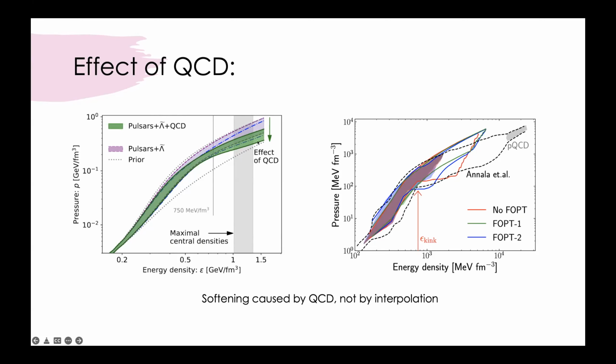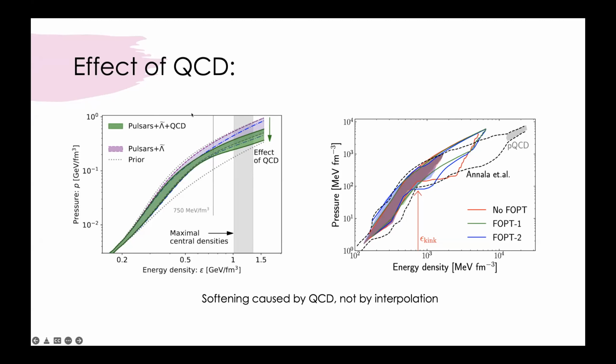But upon inclusion of the QCD information, the equation of state softens dramatically, and you see the softening feature that was seen in the interpolation studies, but not in the extrapolation studies. You can see that if I don't add the QCD, I get a very similar shape to the extrapolation study here.